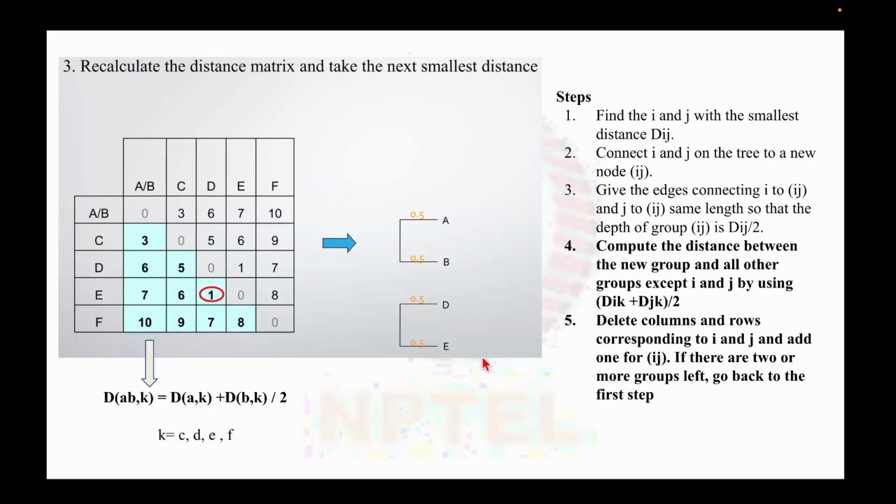Then here again I started grouping D and E, which are the next closely placed taxa. Before moving on, the matrix will be re-updated by computing the distance between the new group, that is the central node, and all other groups.